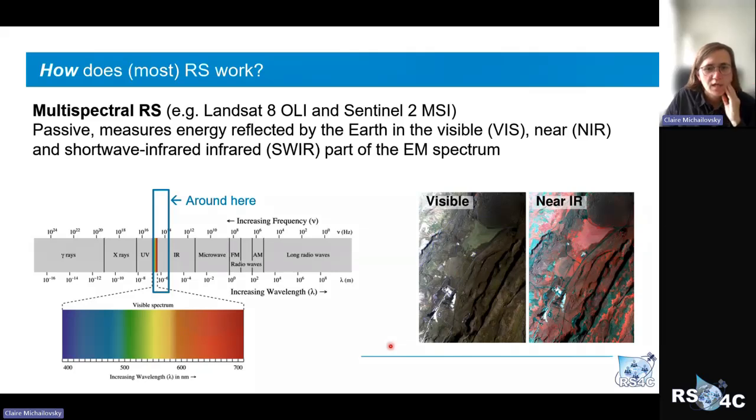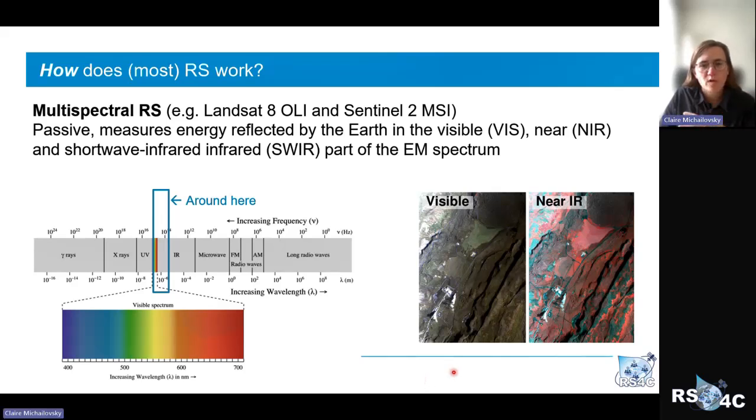If we look in the visible part of the spectrum using remote sensing, this is an image from a sensor which was measuring in the visible part of the spectrum. What we can see is essentially an image that would look similar to if we mounted a classic camera on a satellite. So what we would see with our eyes. We can already get a lot of information from here. We can see this is probably a vegetated area because it's a bit green and things like that.